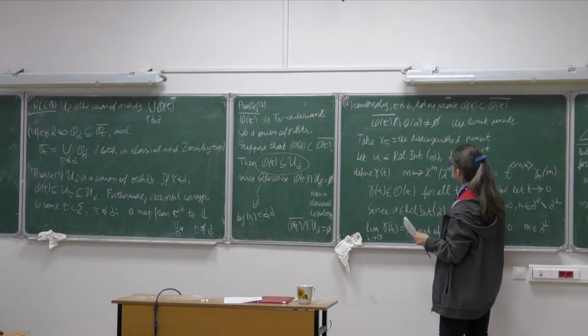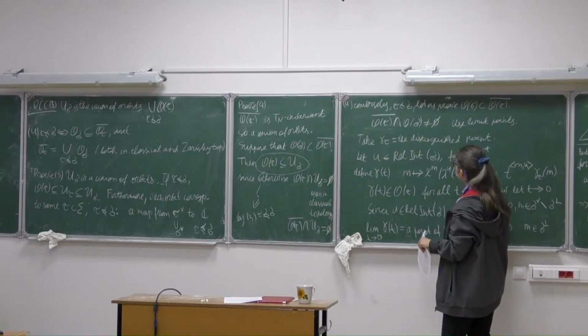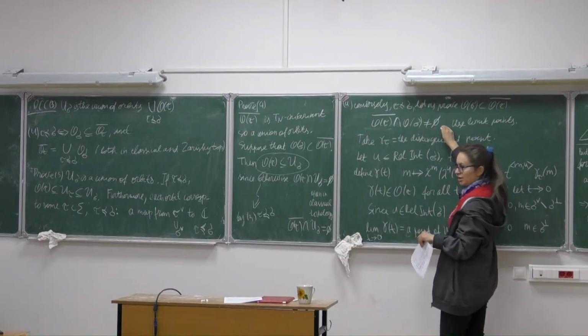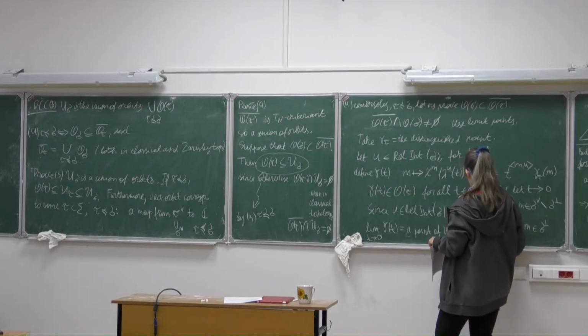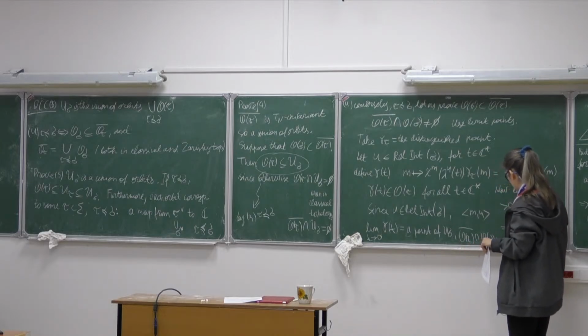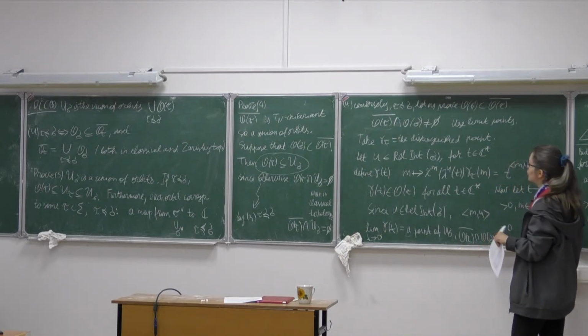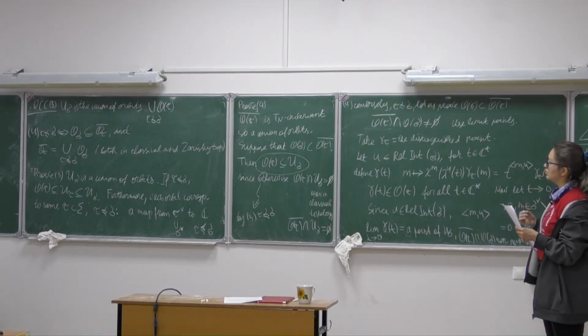And we are done. The intersection is non-empty. If it is non-empty, then O sigma belongs to O tau bar.